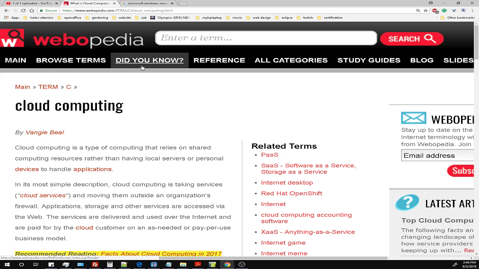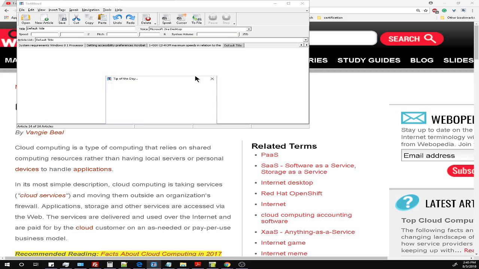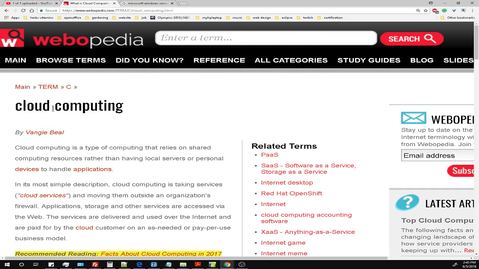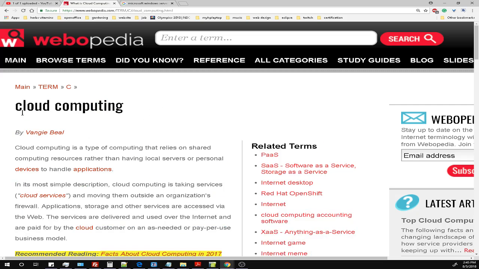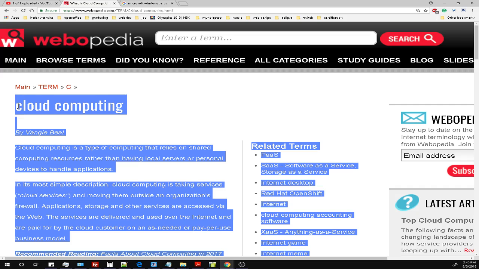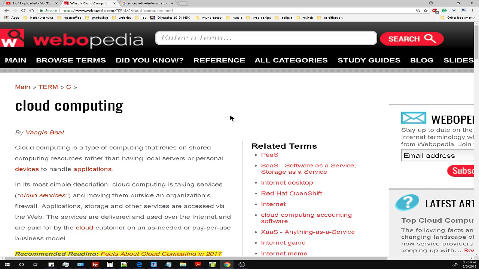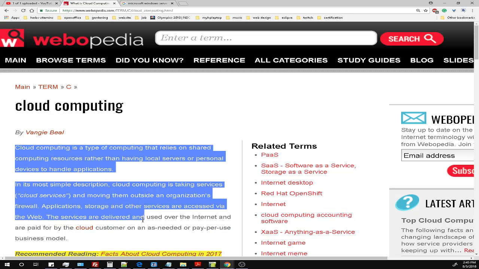So anyways, if you go to Webopedia and you're able to see the screen, you can get a lot of information. Now I use Text Aloud. Text Aloud is a piece of software that reads the screen, and I like using it.